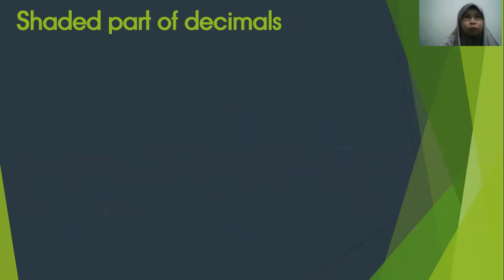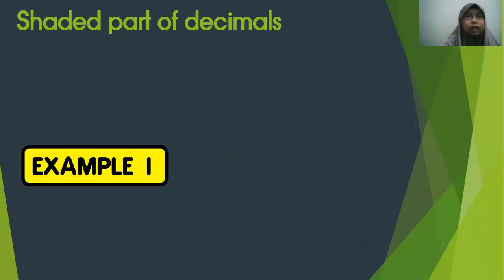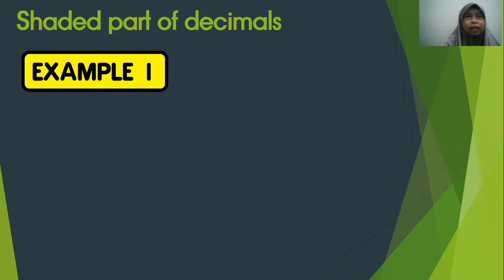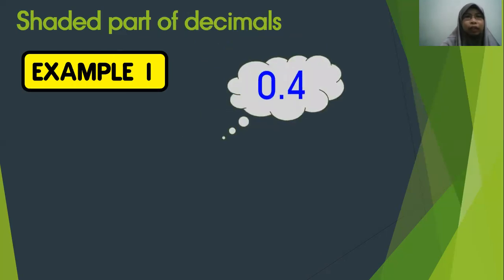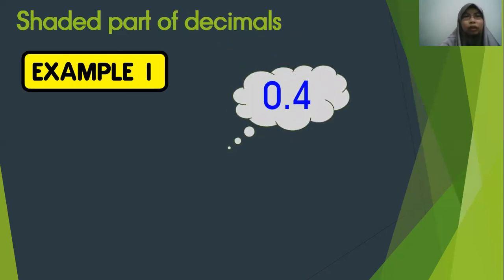Now, shading the part of decimal. How do we know how to shade or color the parts of a decimal? If we get a question like this. Example 1. Let's say we got the question 0.4. So how many parts must we color?